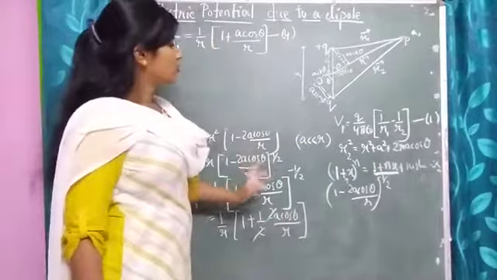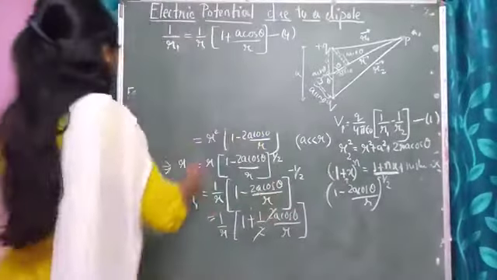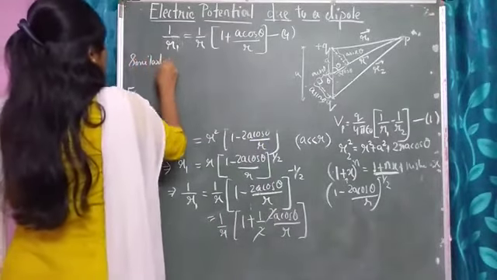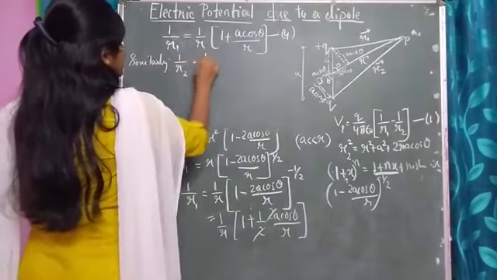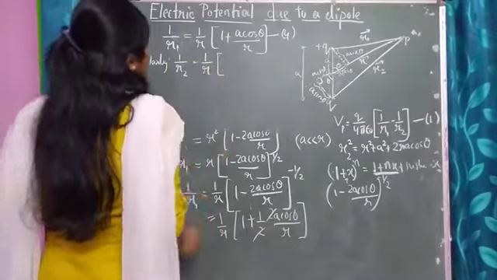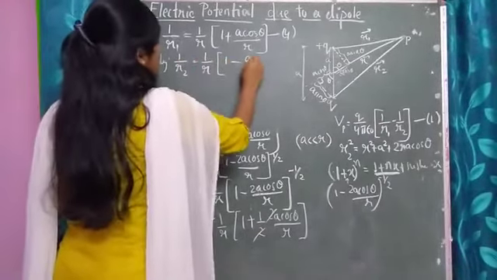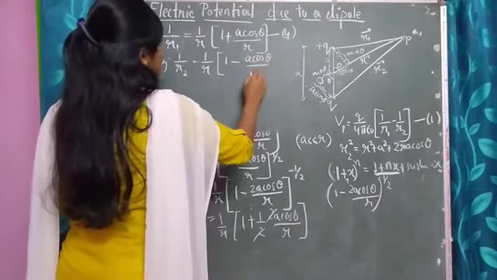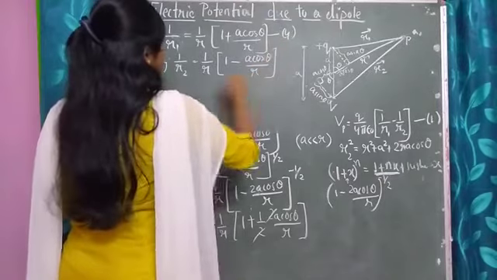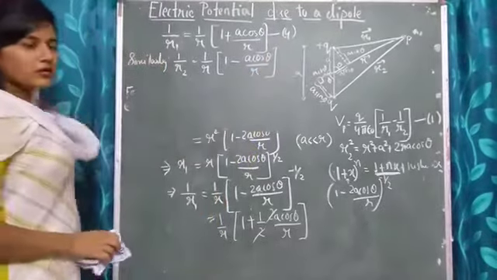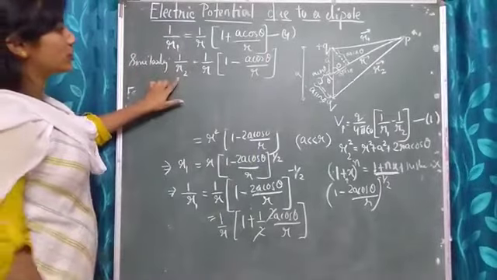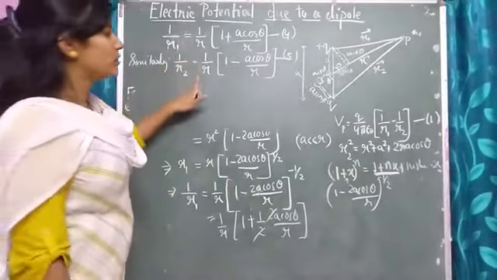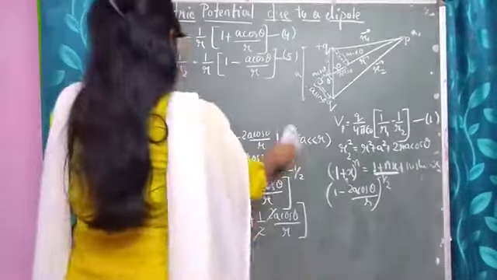If we solve this, we can write similarly that 1 by r2 will be equal to 1 by r times 1 minus a cos theta by r. Let it be equation 5. Now let us use these two equations in equation 1.